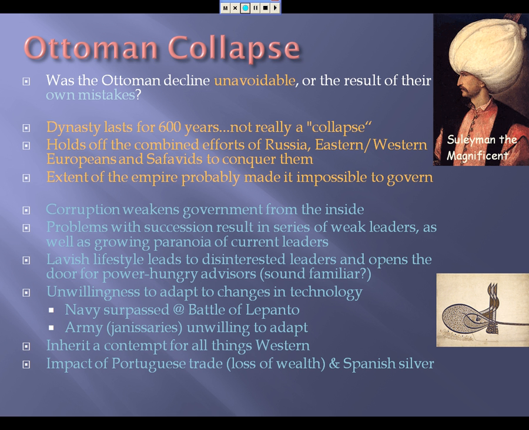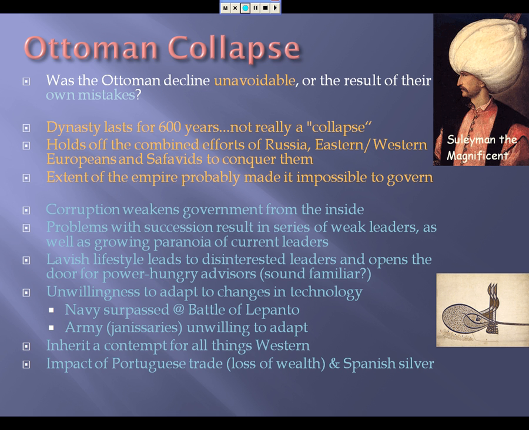One reason is it lasts for 600 years. That's not really a collapse. We often think of collapses as sudden. This is more like a 600-year period of decay.